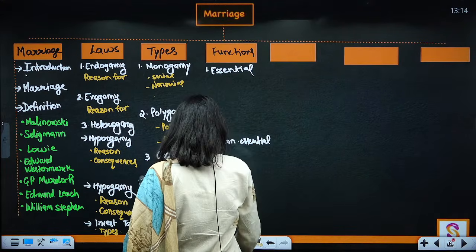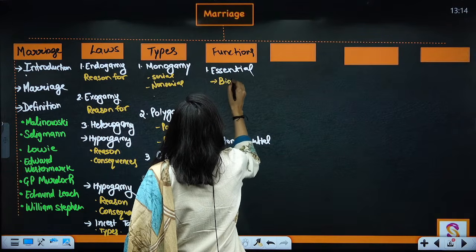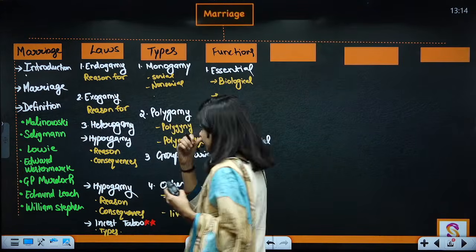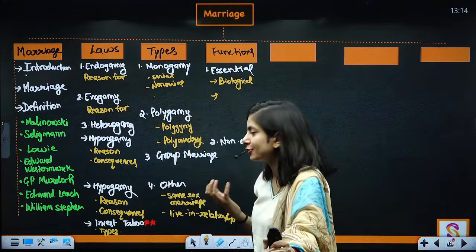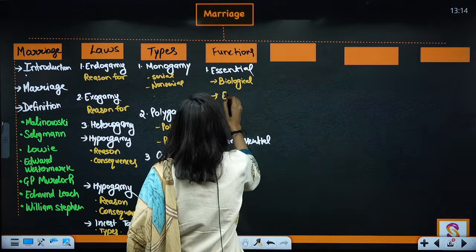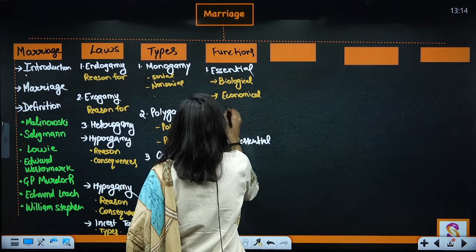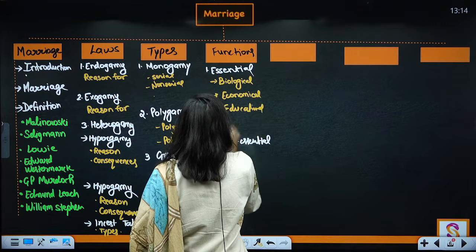Here we are going to mention biological, then we have economical, social, educational, and social.